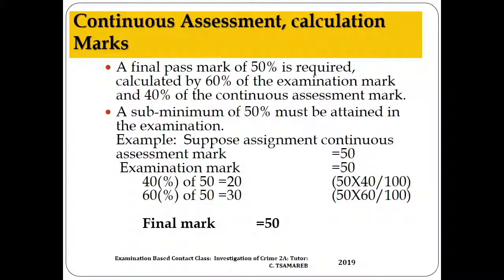Once you calculate this, you take your continuous assessment sub-minimum of 50, calculate it against 40%, and that gives you 20. Now you take the examination sub-minimum of 50 and calculate it against the 60% weight, and that gives you 30. Now you add 30 plus 20, and that gives you a final mark of 50. You need to obtain a sub-minimum of 50 for your final mark to be able to pass the subject or the module.